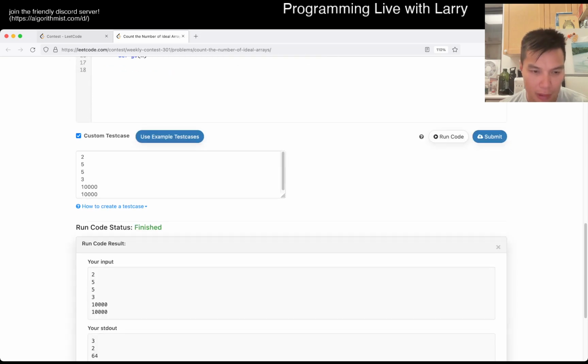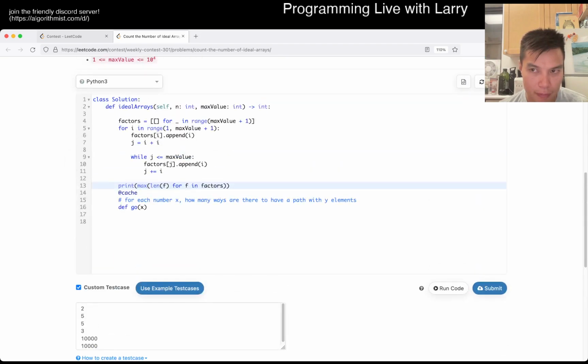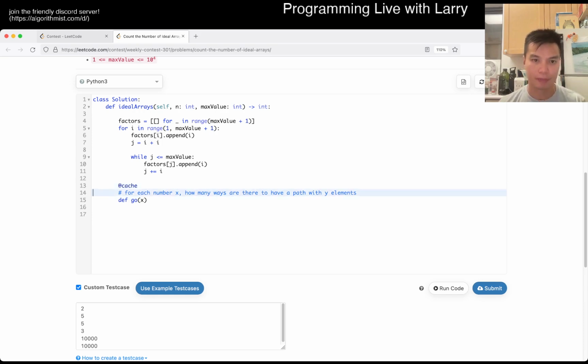As we said, the number is going to be 64. Okay, let's see. Right, so if left is equal to 0, we return 1, and otherwise we go for x in factors of x.